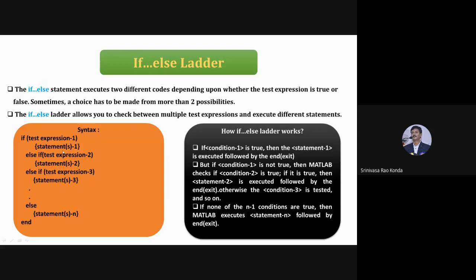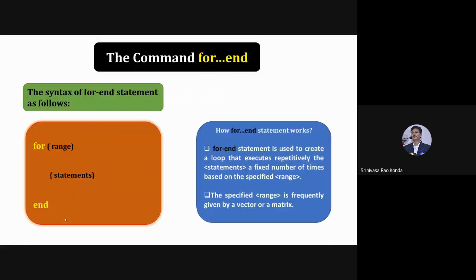If 1 is not true and 2 is not true, then it will check condition 3. If it is true, it will be executed. Otherwise, it will check up to n-1. If none of the n-1 conditions are true, statements n will be executed, followed by exit. This is about the if else ladder.